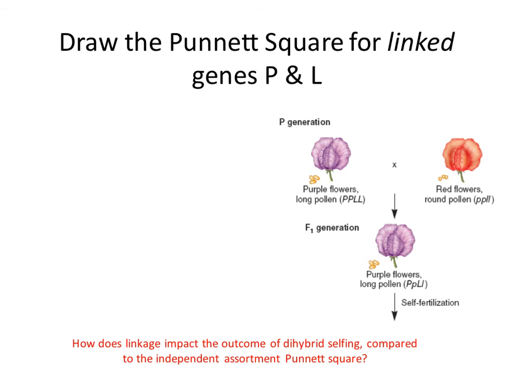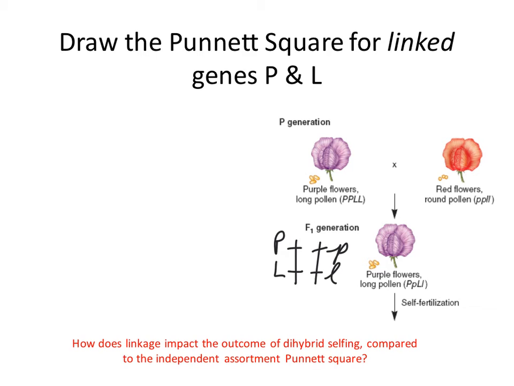So with that information, we can make a really easy Punnett square. If P and L are linked, this F1 individual, their diploid cell looks like this. Heterozygous at 2 loci, a big P and a little p, a big L and a little l. You just told me the gametes on the previous slide.